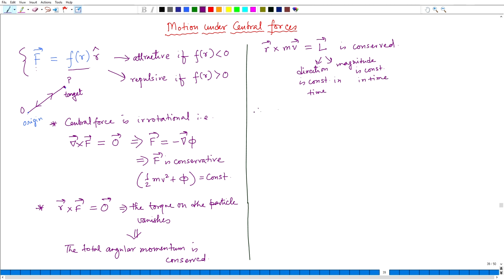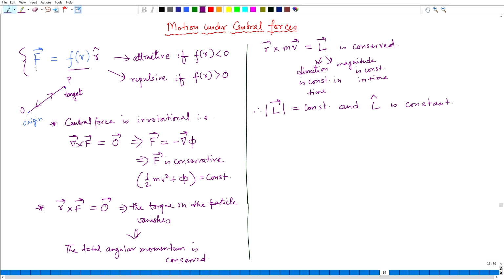So, I can now say that L is a constant if this is constant and this is also constant; they are separately constants.